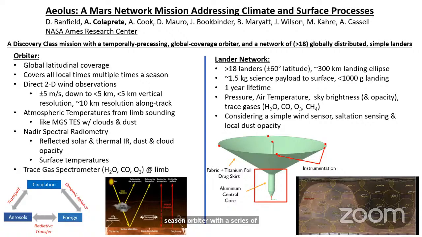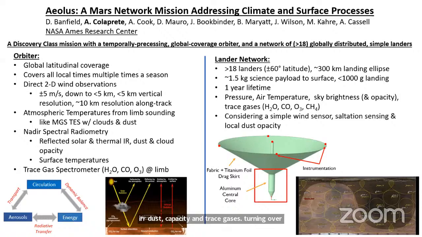The key new one is a Doppler wind sounder we're working on at Ames, with co-located wind measurements of the horizontal wind vector, both U and V, with pretty good precision down to about 5 kilometers from the surface, 5-kilometer vertical resolution and 10-kilometer resolution along track. We also get temperatures, net solar and thermal IR, dust opacity, and trace gases.